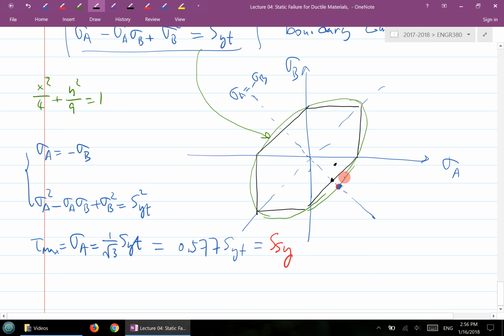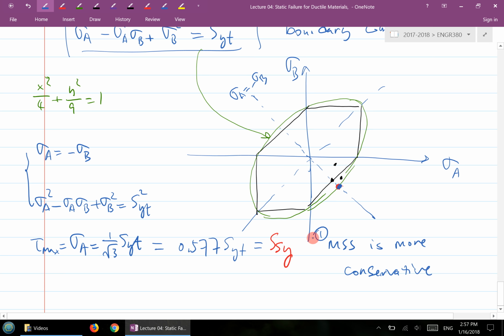But if I pick a point over here, guess what? The MSS actually considers this a failure, but the DE still considers this safe. So MSS here is more conservative. And sometimes this is a multiple choice question I give you in the midterm: which one is more conservative, essentially?